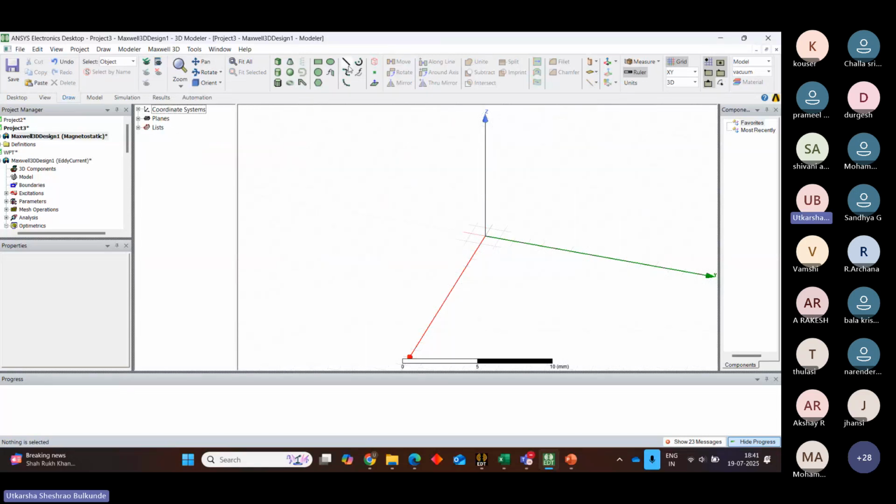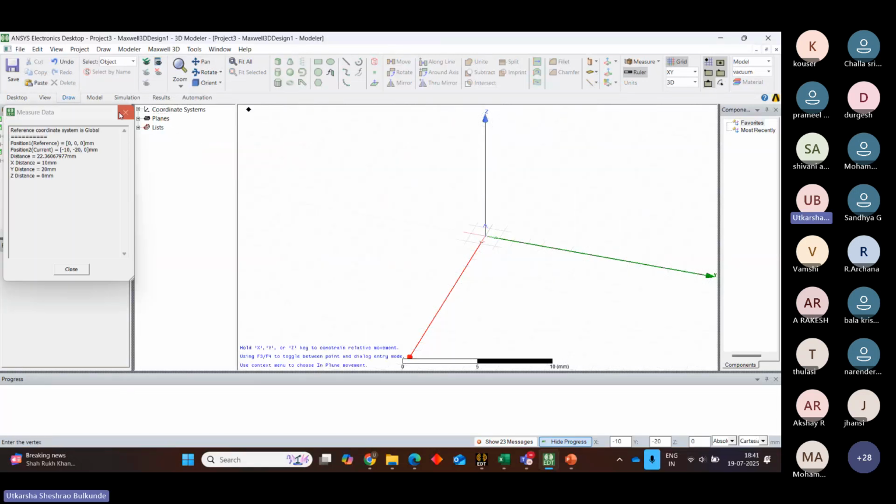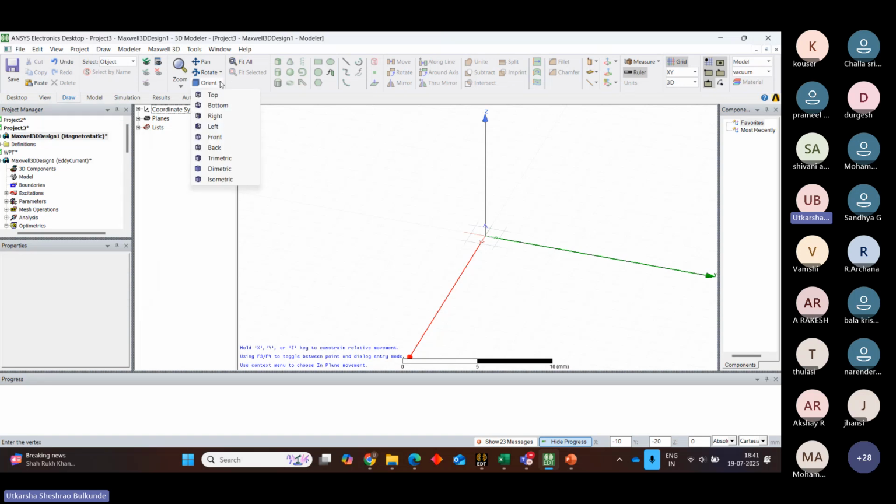Then for making a rectangle, one more option is available. These are just the options that I'm telling you, but at last I'll tell you how to make a coil just using solid blocks. I think that is more than enough for you to simulate any coil.